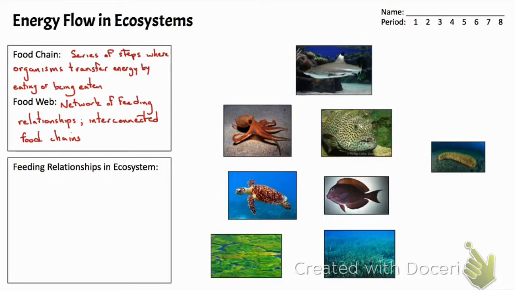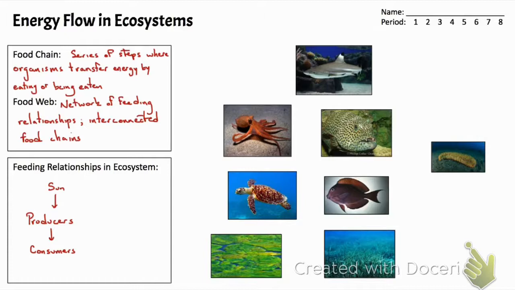Now let's first take a look at the brief feeding relationships that exist within ecosystems. Here I am showing you the way in which energy is transferred. Sun is going to be a form of energy that is used by producers. And producers typically include our autotrophs, which are organisms like plants that produce their own food from inorganic matter.